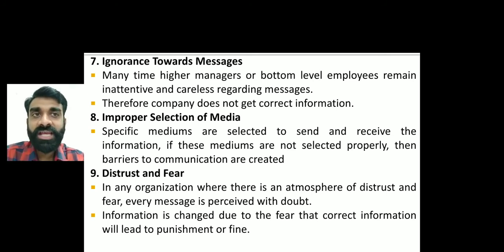When ignorance is there, the company is not going to get the correct information. Suppose the bottom level and middle level people are not submitting the report to the top level. How will top level management know whether the task has been done as per the instructions and the plan? And what is going to happen? Obviously it will not prove to be effective communication.